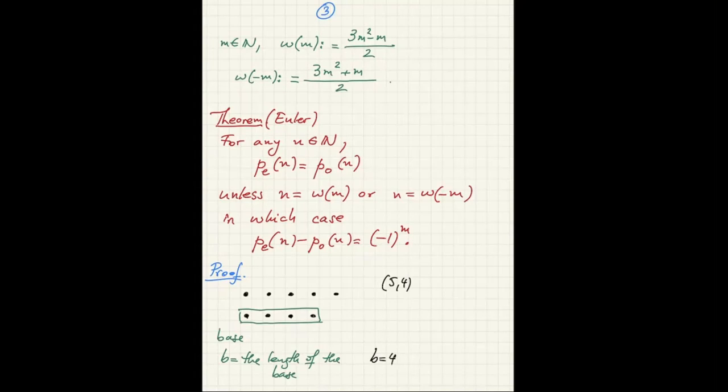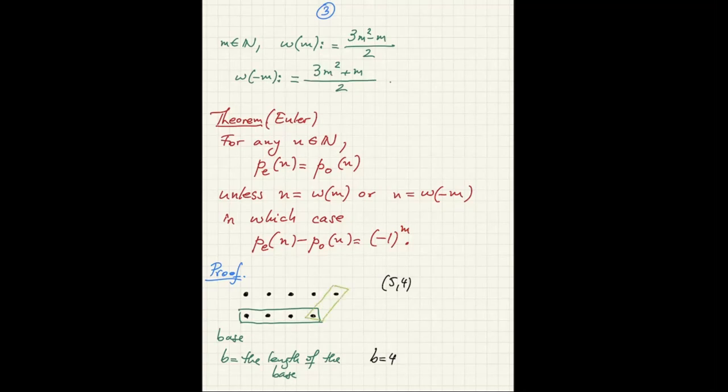Okay. And now we define another object. We look at the rightmost and topmost entry in the diagram, and we go down at a 45 degree angle in this direction, and we look at the longest continuous segment of points of our diagram that we can find.